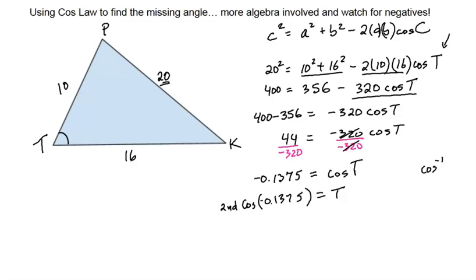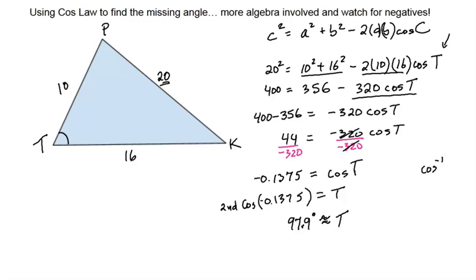Now remember, if you've got this number in the display already, after doing those calculations, when you did the 44 divided by negative 320, all you have to do is second cos second answer, and that will find the cos inverse of whatever was in the display, which is 97.9, which is actually an estimated number. It's got decimals going on forever, and this is the measure of t, which is the angle in degrees.